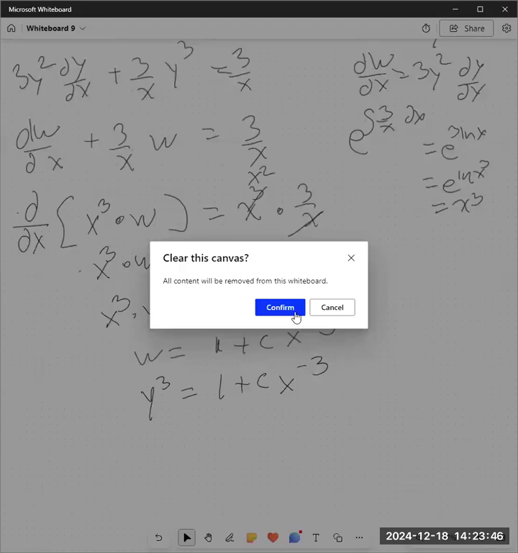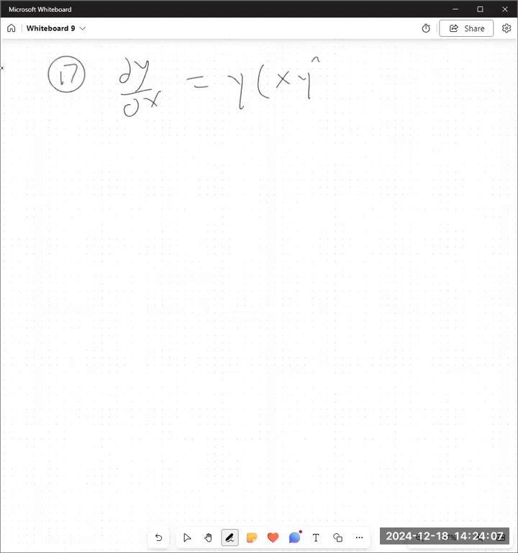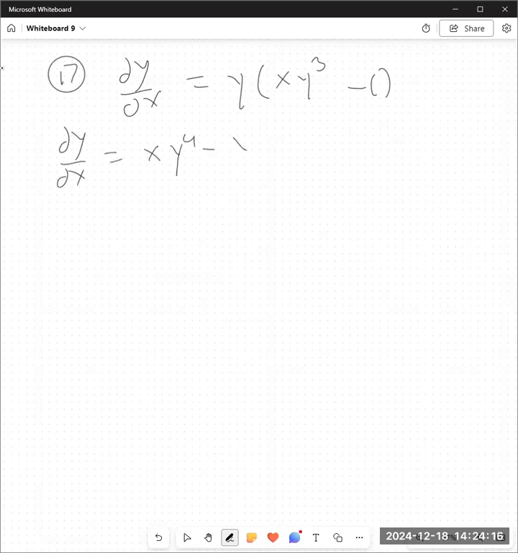All right, let's go ahead and look at the next one. Number 17 says dy/dx is equal to y times (xy^3 minus 1). So when we distribute, dy/dx is equal to xy^4 minus y.